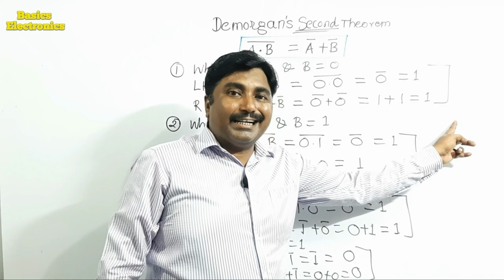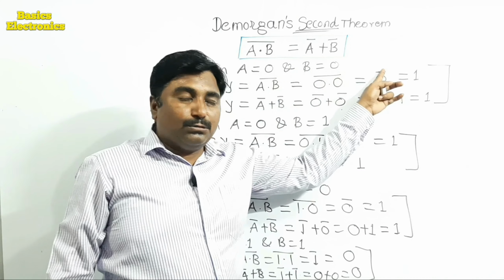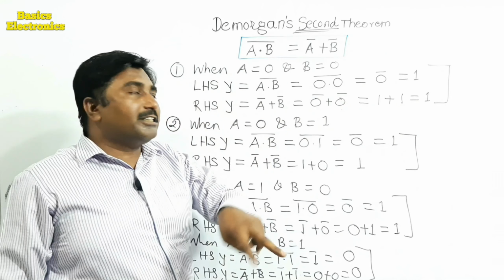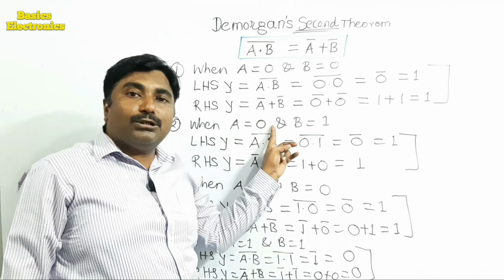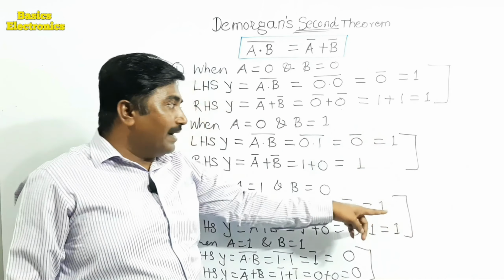In the first combination we saw, A is equal to 0 and B is equal to 0; we got the output as left hand side is 1, right hand side is 1. In the second combination, A is equal to 0 and B is equal to 1; here we got both as 1.